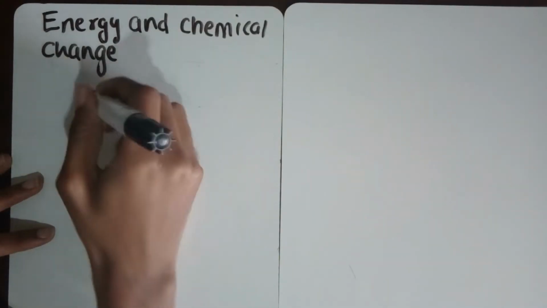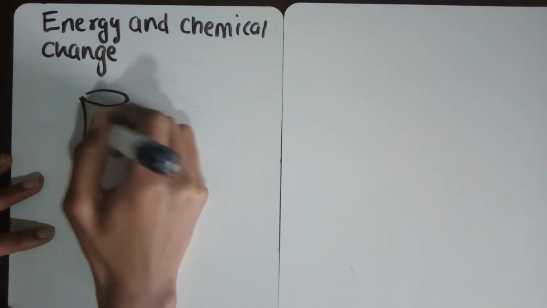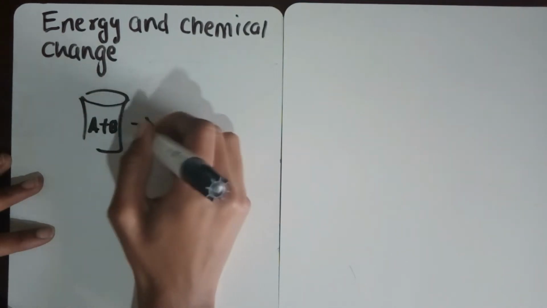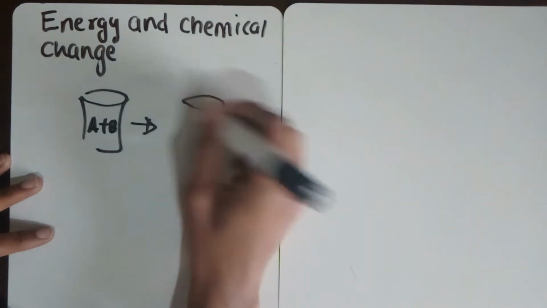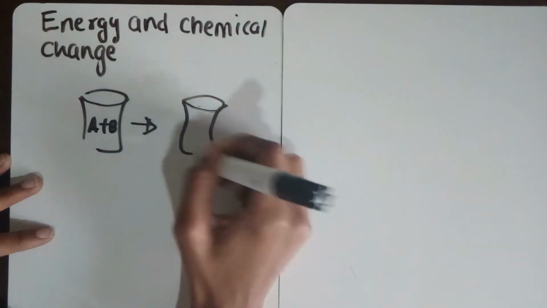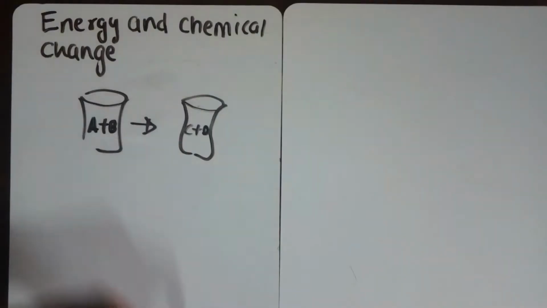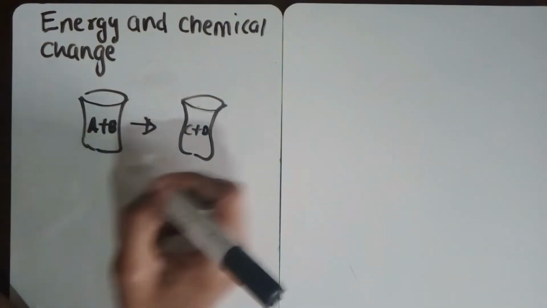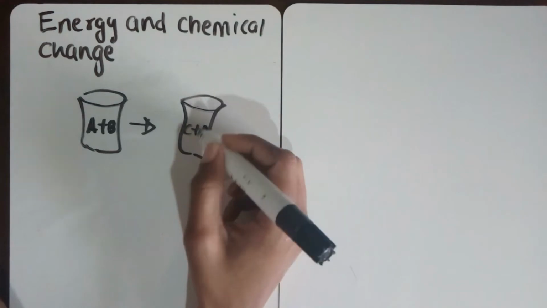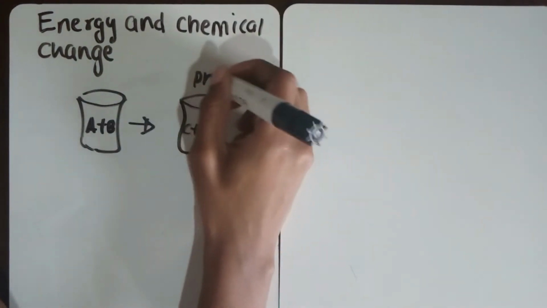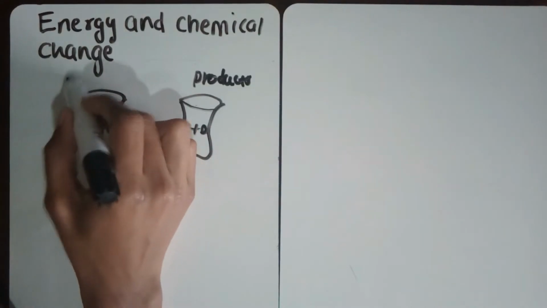In beaker one we'll have our reactants A plus B. You add the two chemicals and they give you some sort of reaction where we have C plus D, or some sort of new chemical compound. This we call product. So on this side we'll have products, and on this side we'll have reactants.